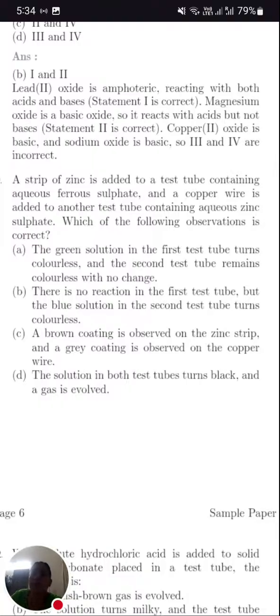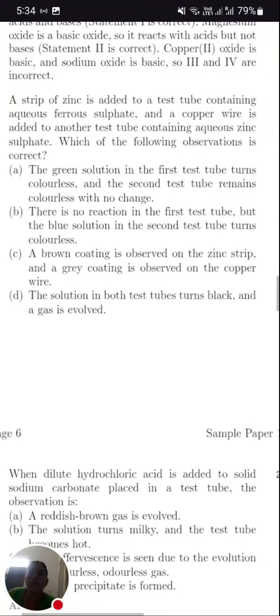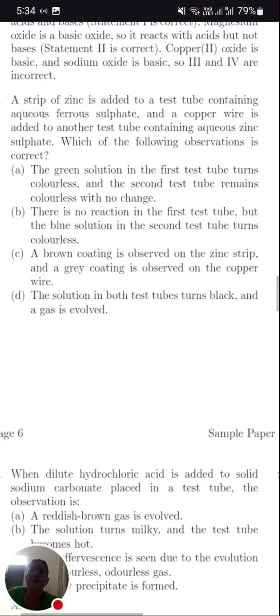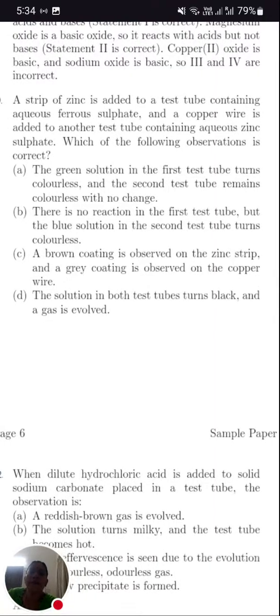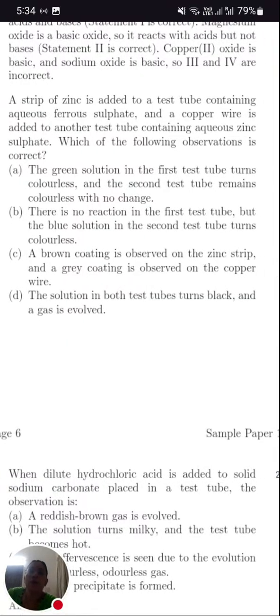So zinc is added to ferrous sulfate and copper is added to zinc sulfate. The option says the green solution in the first test tube turns colorless and the second test tube remains colorless with no change. If you recall the activity series: sodium, potassium, calcium, magnesium, zinc.